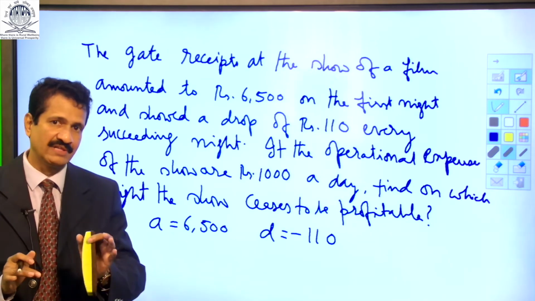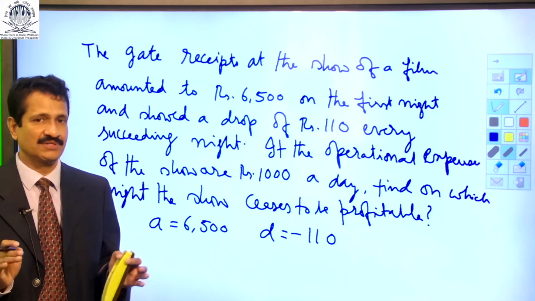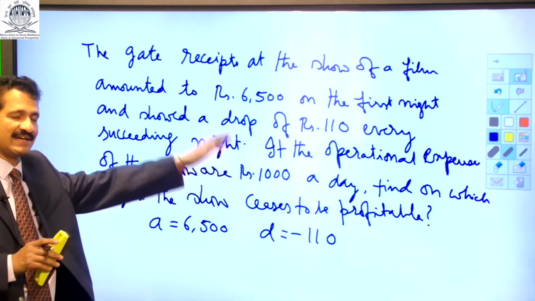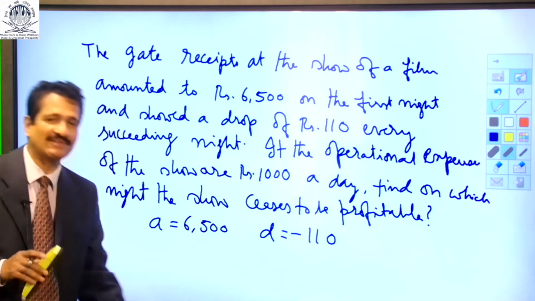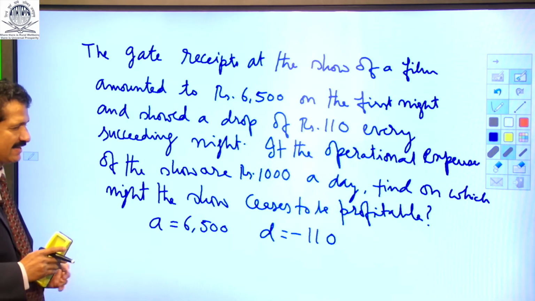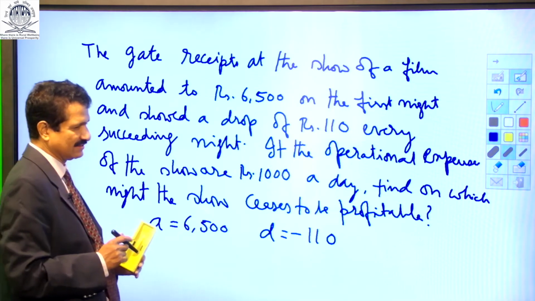I will continue with the show as long as my operational expenses are covered. So here I need to get at least a minimum of 1,000 rupees. If the collection goes below 1,000 rupees, it is not profitable for us. So here I can say that the final collection can be 1,000.